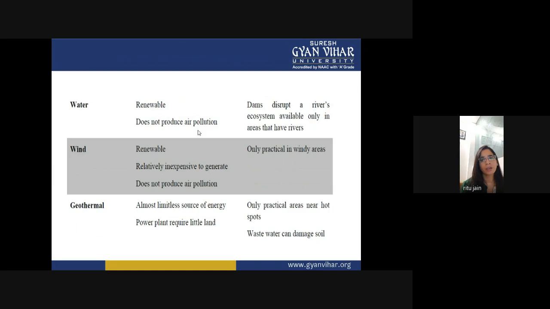There are some particular areas where you can easily get the water, some hilly stations, and like in India, if you check, there are south and eastern areas where you can easily get the water resources. Okay, but in Rajasthan it is very difficult to get the water resources to generate the electricity. Okay, so most of the power plants in Rajasthan are thermal power plants.